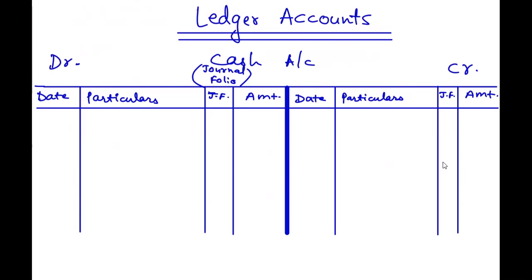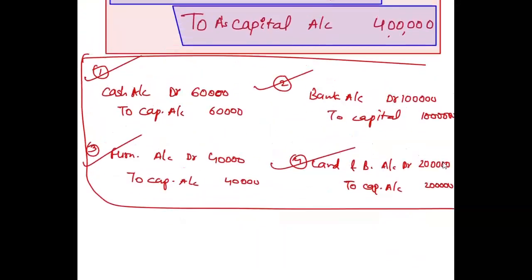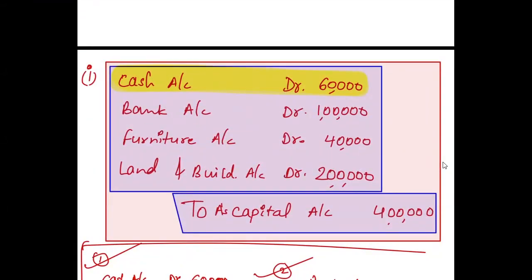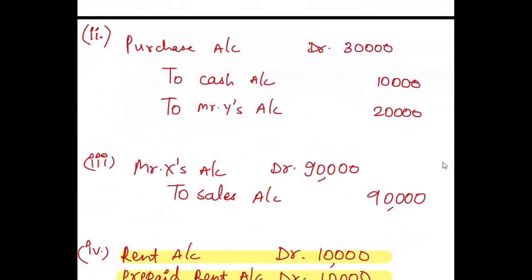What you have to do? I will give the dates for each of the transactions. Let's say the first transaction happened on 1st of January 2023. Then another transaction is done on 1st of July 23.